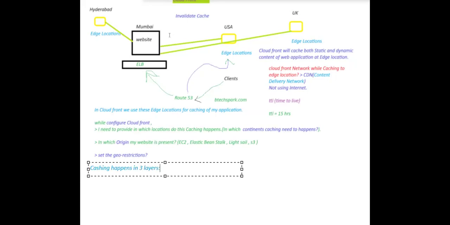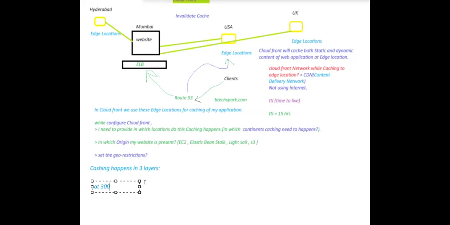You have already seen the bottommost layer, that is the edge location. In total, AWS maintains about 300 edge locations.